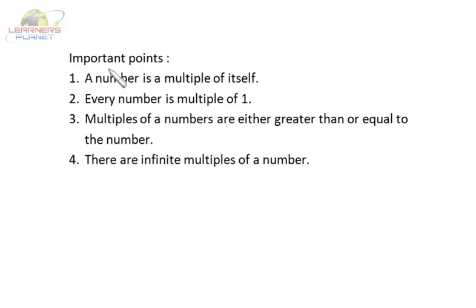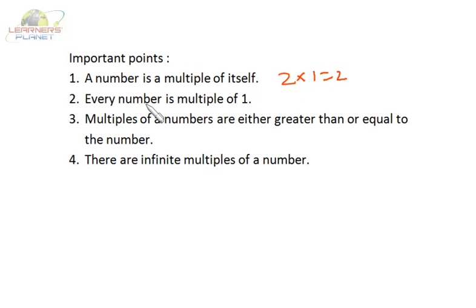Now let's see some important points. Kids, do remember all these points. A number is a multiple of itself. That means every number is a multiple of itself. Since we are getting 2 into 1 as 2, that means 2 and 1, both of them are factors of 2, and 2 is a multiple of 2 and 1 both as well.